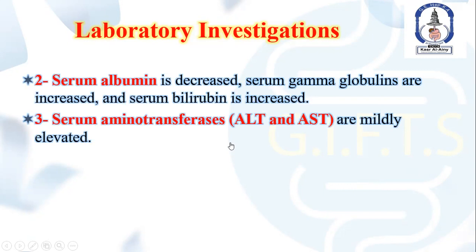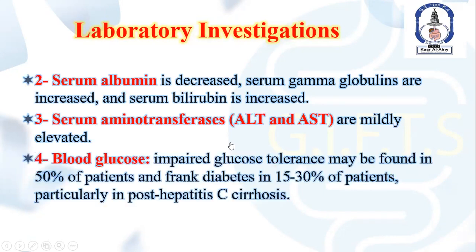Of course, the aminotransferases, which are the ALT and AST, may be elevated, but in cases of advanced cirrhosis where there are no hepatocytes to be destroyed again, they will be normal. Blood glucose is going to be impaired, and as we said, the liver is responsible for the metabolism of carbohydrates and glucose.